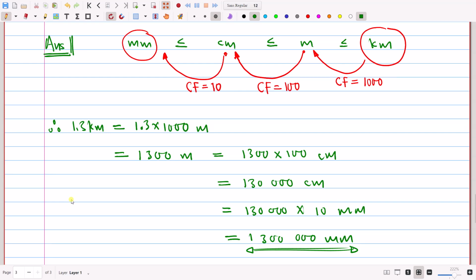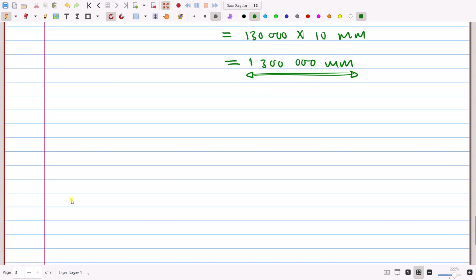But sometimes you cannot be asked just simple things like these ones. Sometimes they can ask you some strange question whereby they say, convert now 25 centimeter squared to millimeter squared.